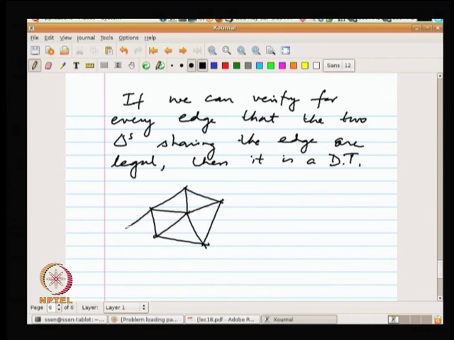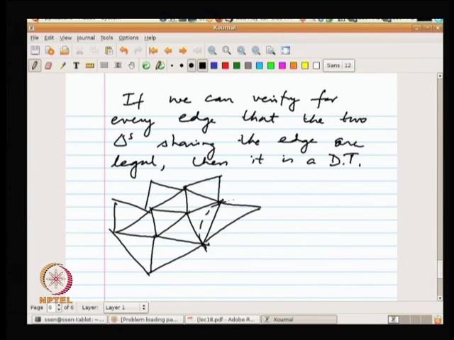I am not going to take every circumcircle and check with respect to every point, but I will only look at an edge, look at the two triangles sharing the edge, draw the circumcircle.